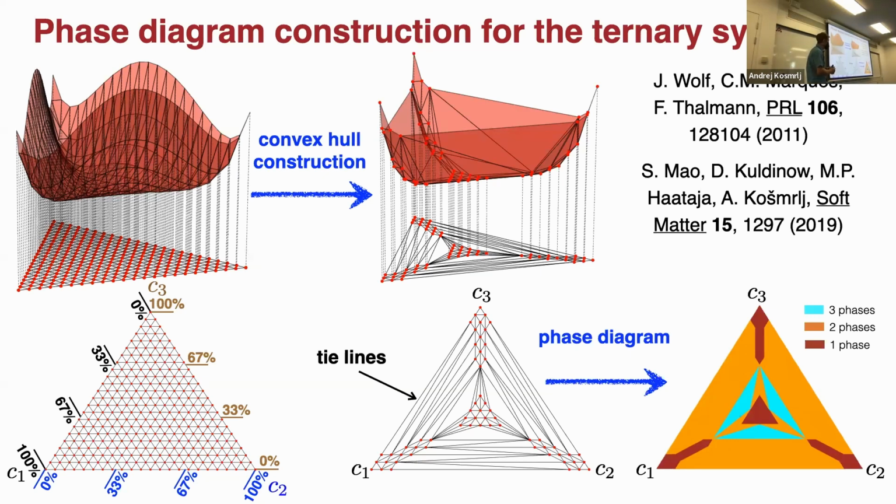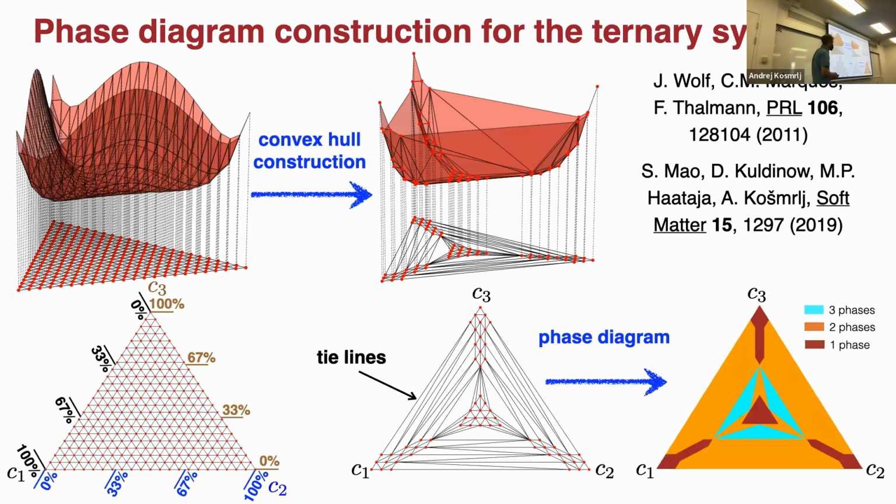So these concepts can easily be generalized to more than 3 components, right? Now, for example, if you have 4 components, then the phase space would be a tetrahedron, or in general it would be a simplex in n dimensions if you have n components, right? So then we always discretize our simplex. We generate a discretized free energy surface by evaluating the free energy for each of the possible mixtures.